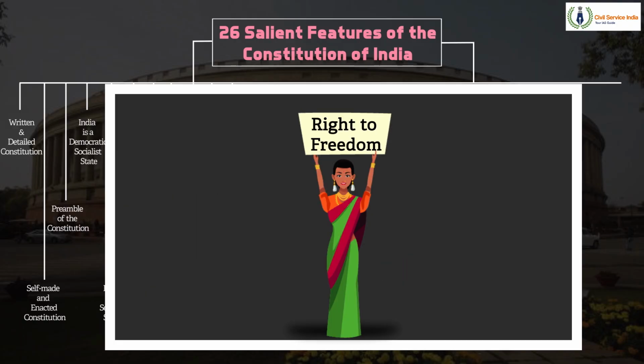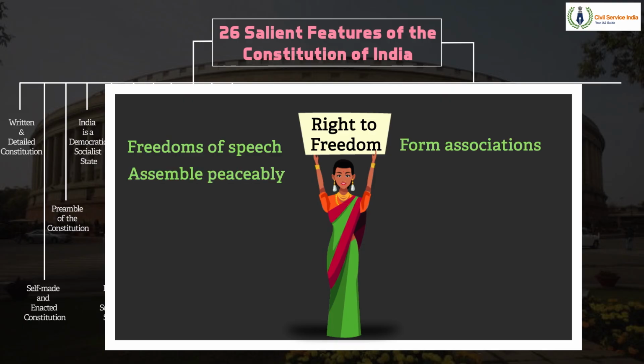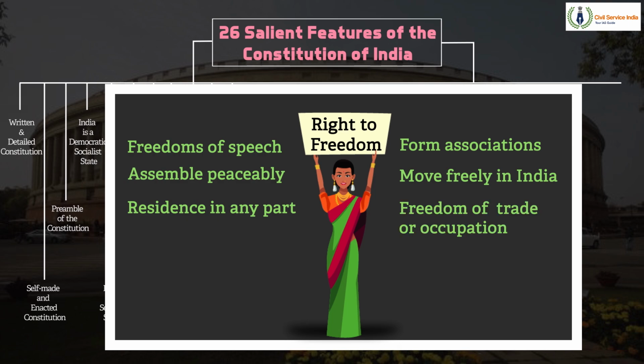Right to freedom. It incorporates 6 fundamental freedoms: freedom of speech and expression, freedom to form associations, freedom to assemble peaceably without arms, freedom to move freely in India, freedom of residence in any part, and freedom of adopting any profession or trade or occupation. It ensures personal freedom and protection in respect of conviction for certain offences.